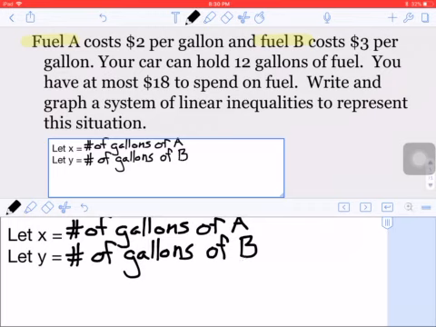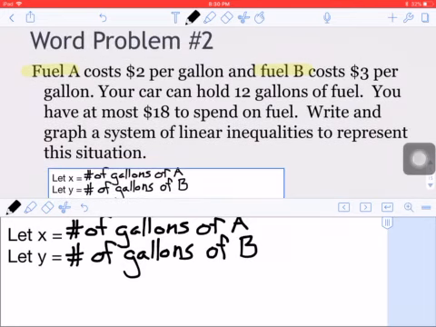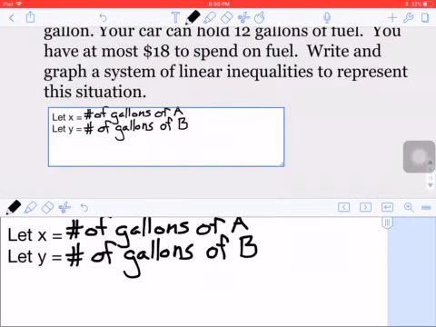Now let's find our topic. So in our problem here, we see that we have a total of 12 gallons of fuel. So that's our first inequality. After, of course, we know we can't get negative gallons of fuel. So we're going to go ahead and say X is going to be greater than or equal to 0, and Y is going to be greater than or equal to 0.